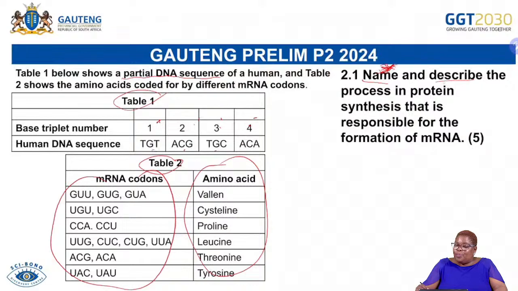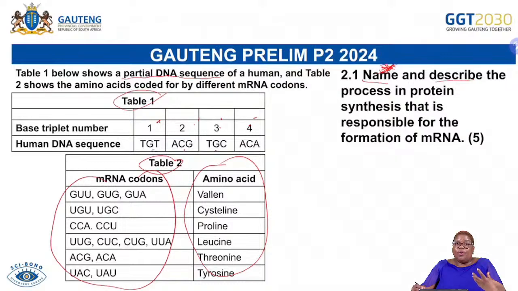I know Samantha has shown you where we get DNA, how mRNA gets formed, leaving the nucleus to the ribosome, you know? Definitely you're going to get a compulsory name for the process.